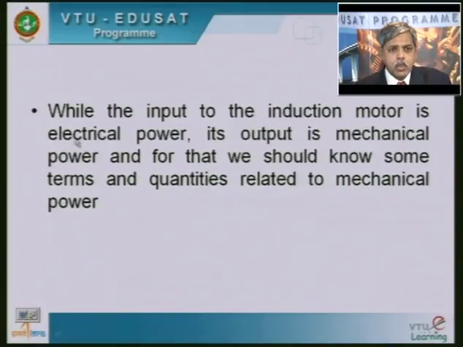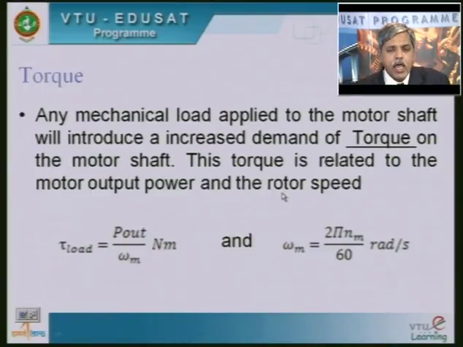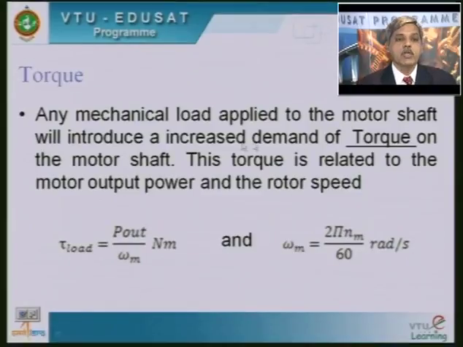The input to the induction motor is electrical power and its output is mechanical power, and for that we should know some terms and quantities related to mechanical power. So, here I have torque. Any mechanical load applied to the motor shaft will introduce an increased demand of torque on the motor shaft. So, the rotation of the rotor should supply this torque.